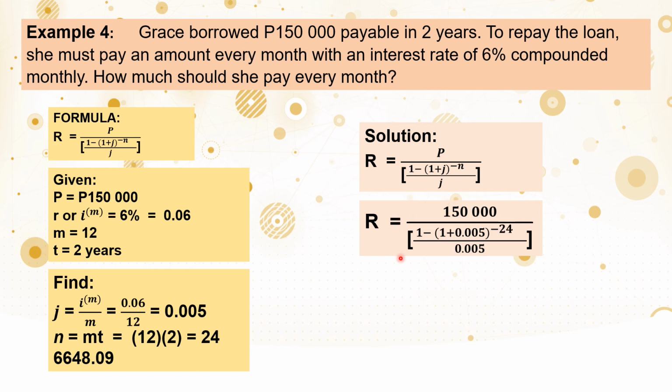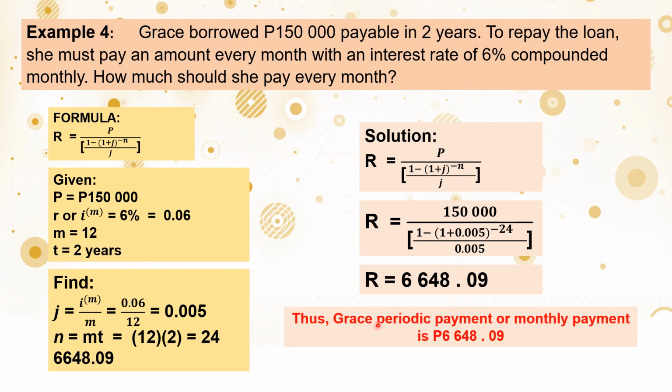So simplifying this or solving for this using our calculator, we will get 6,648.09. Thus, Grace's periodic payment or monthly payment is 6,648.09 pesos.